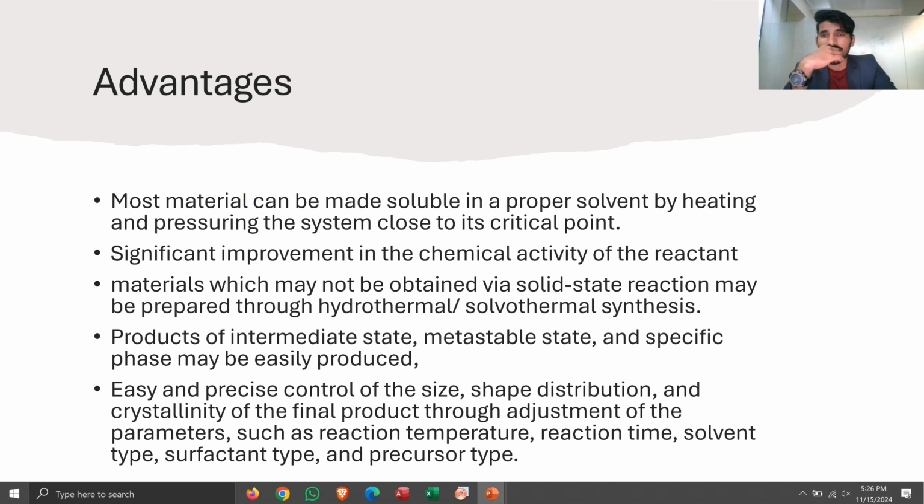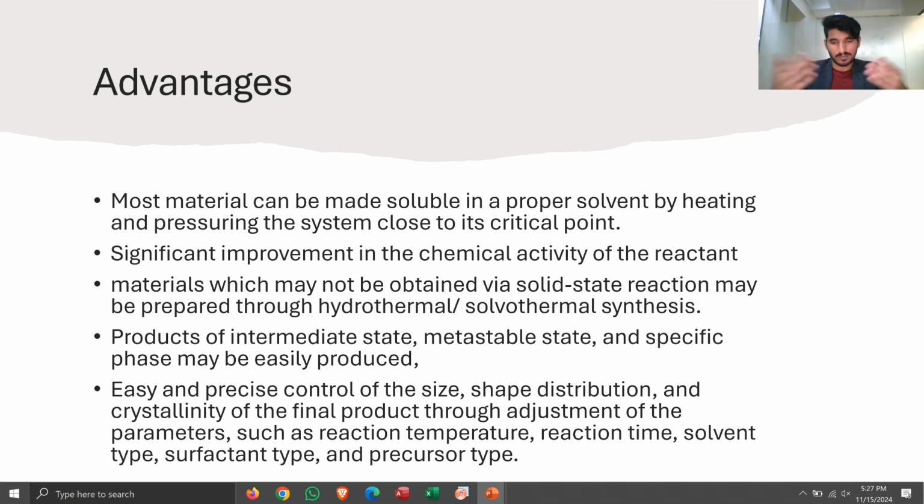Most materials can be made soluble in a proper solvent by heating and pressurizing the system close to its critical point. Well, there are some materials that cannot be formed by solid state reactions. In the solid state reaction, we just mix two different solids and then we heat them, and then the resulting product is formed.